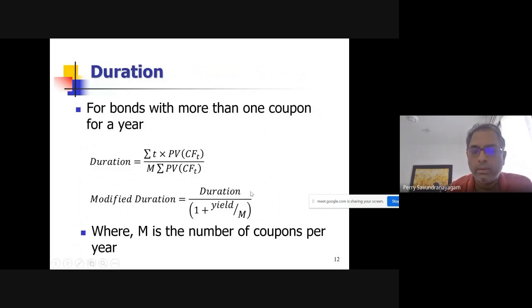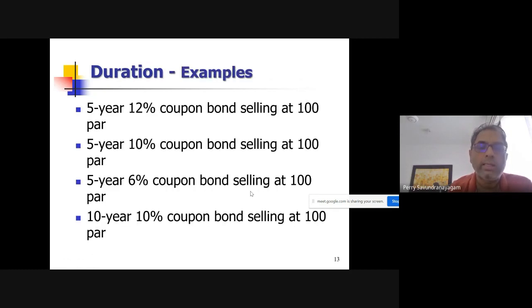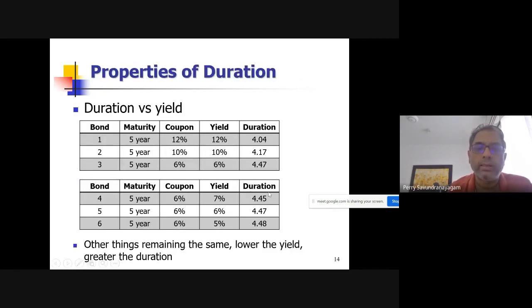Yes, you will take that into account in the pricing of the bond. You will price it based on the higher yield rather than the lower yield. So that means if the yield is 10%, your price is less than when the yield is 5%.